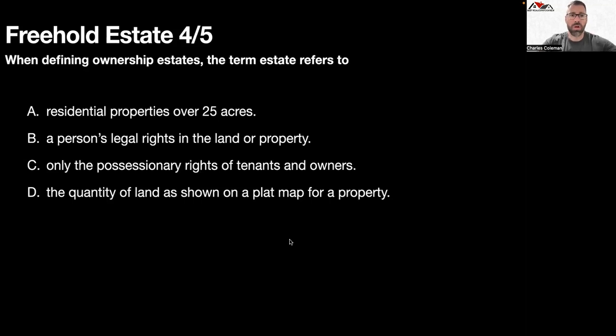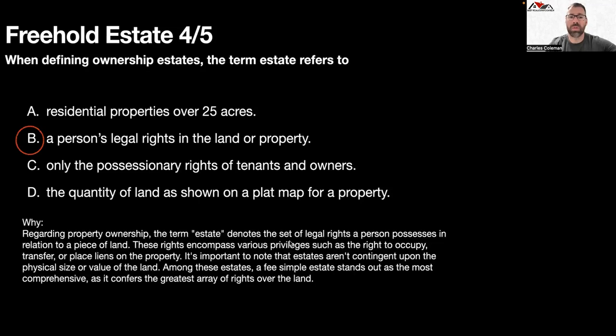Question number 4. When defining ownership estates, the term estate refers to a person's legal rights in the land or property. Regarding property ownership, the term estate denotes the set of legal rights a person possesses in relation to a piece of land.